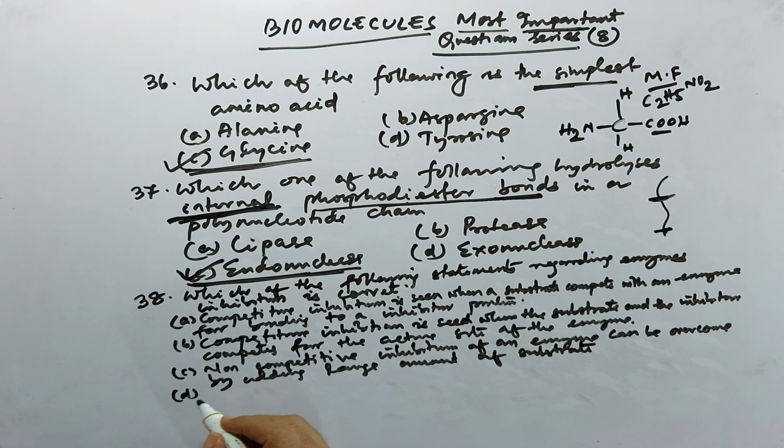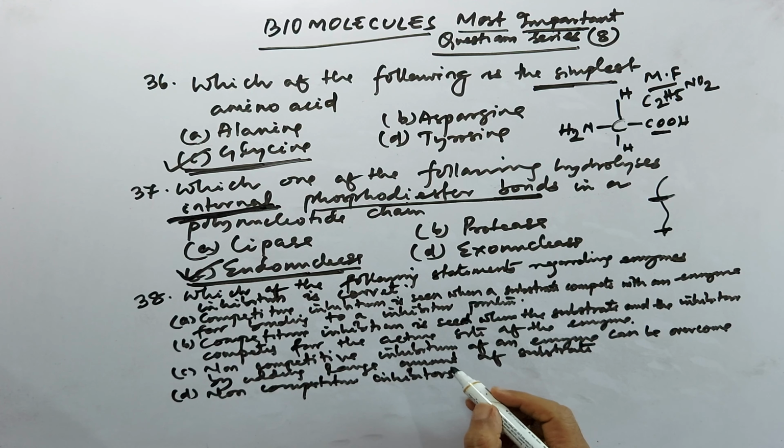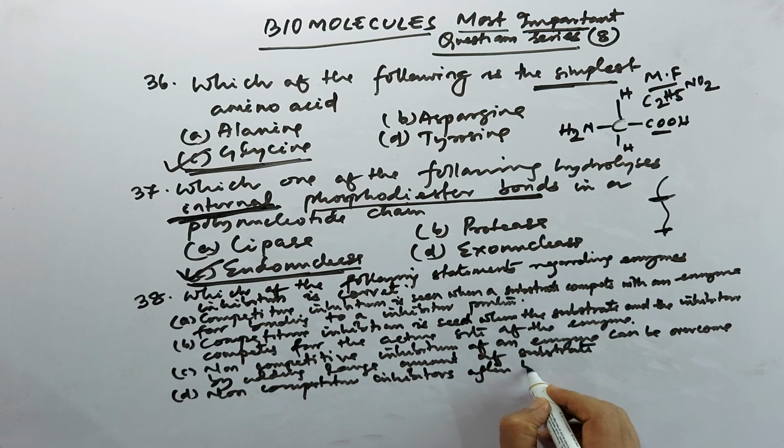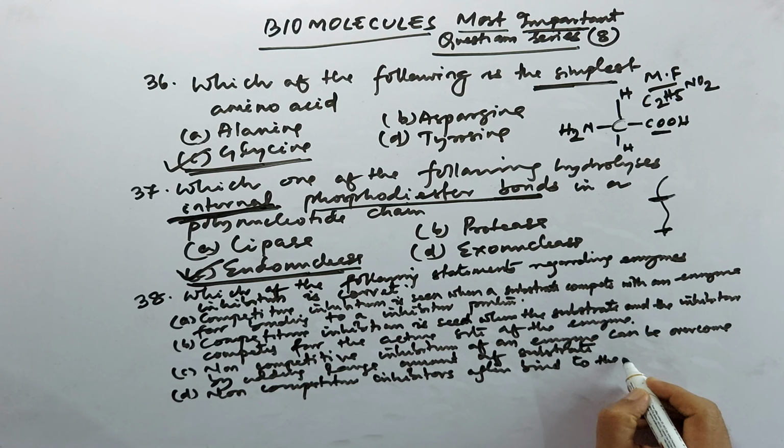Then the D option is non-competitive inhibitors often bind to the enzyme irreversibly.